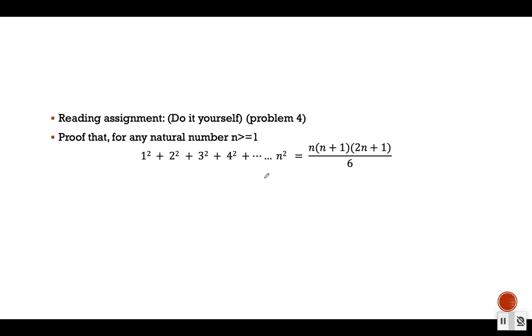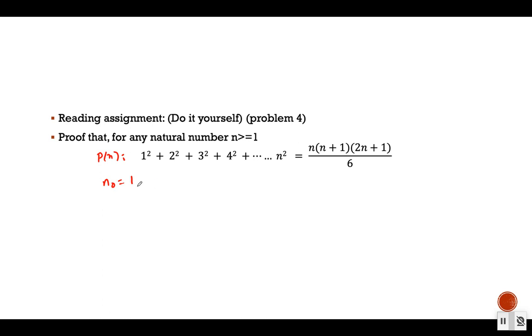All right, so this is problem 4 in our textbook. I'm not going to show you all the steps as I have shown you for the last 2 examples, since the steps are all the same. Here our n naught will be 1, and that's our propositional function Pn.